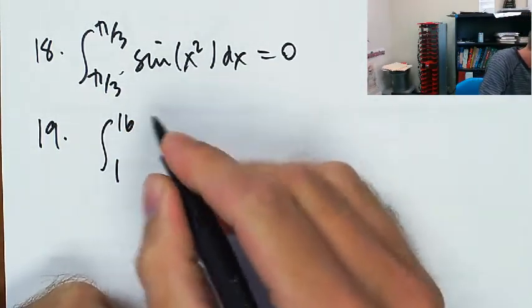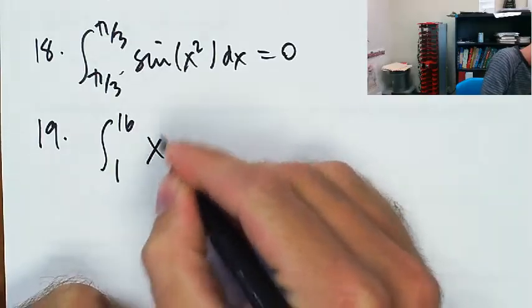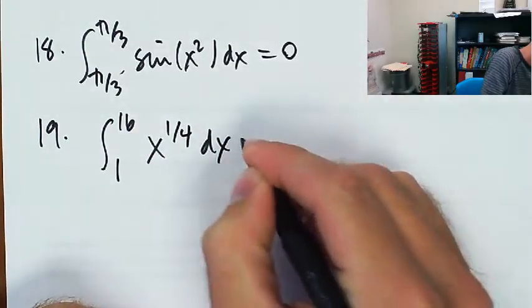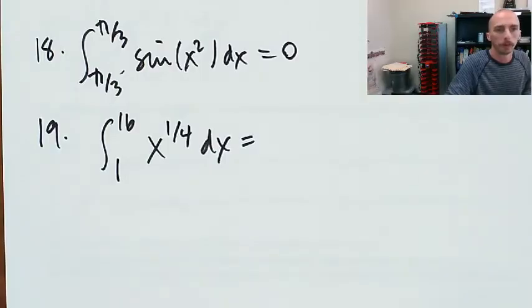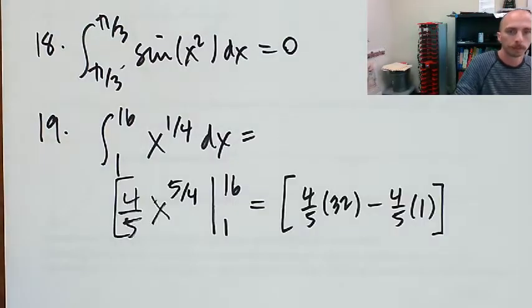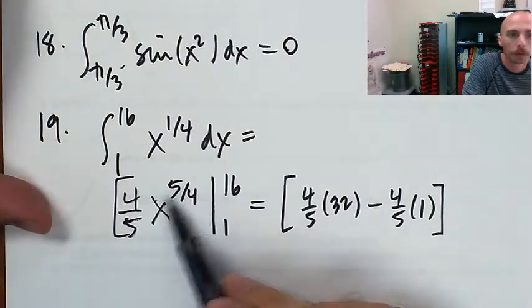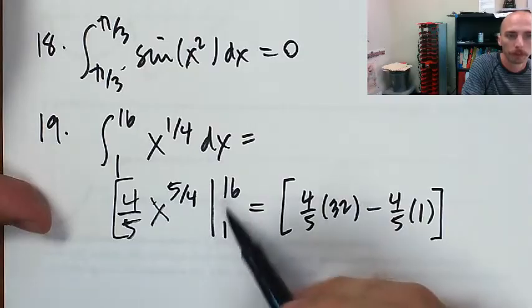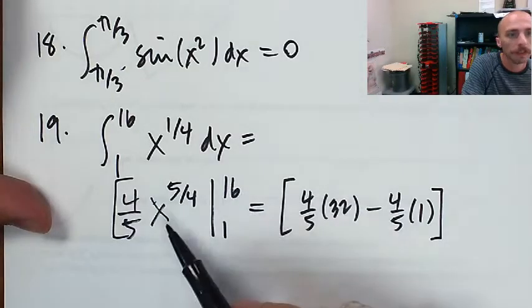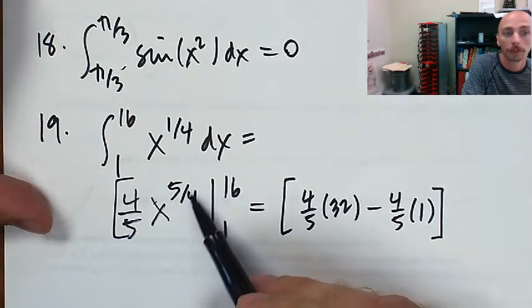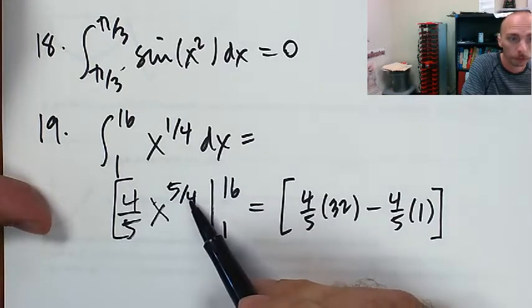All right, 1 to 16 of the 4th root of x, I'm going to write that as x to the 1/4 power. And then I'm going to anti-differentiate. I added 1 to the power and divided by the new power, and let it run from 1 to 16. Plugged in 16 to the 5/4. What you need to do is take the 4th root of 16, and that's 2.